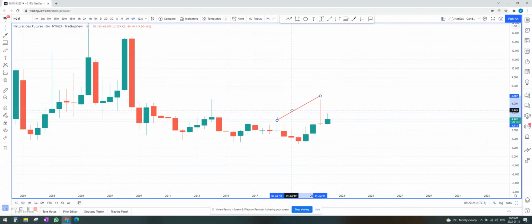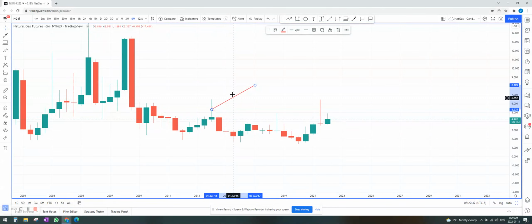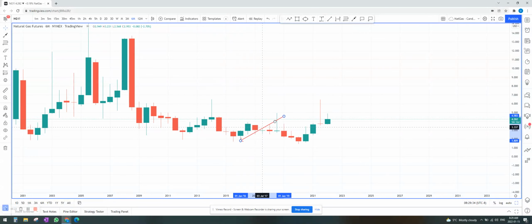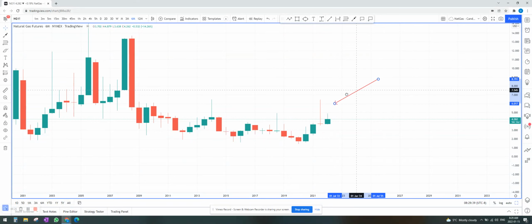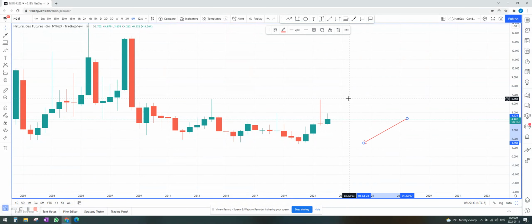This is another gravestone doji. You can see that after them, the stock typically moves down, and we probably should expect something here as well.